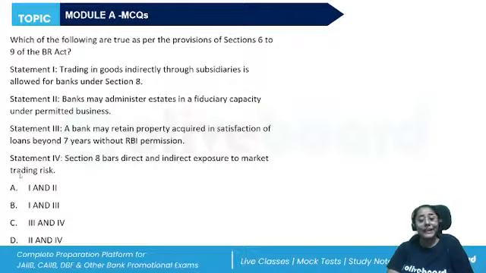Is trading in goods indirectly through subsidiaries allowed? No, Section 8 clearly says directly or indirectly trading in goods is not allowed. So the first statement becomes incorrect. Then, banks may administer estates in a fiduciary capacity under the permitted business. This is true. Banks cannot retain the property even though it came to them in satisfaction of the loans.